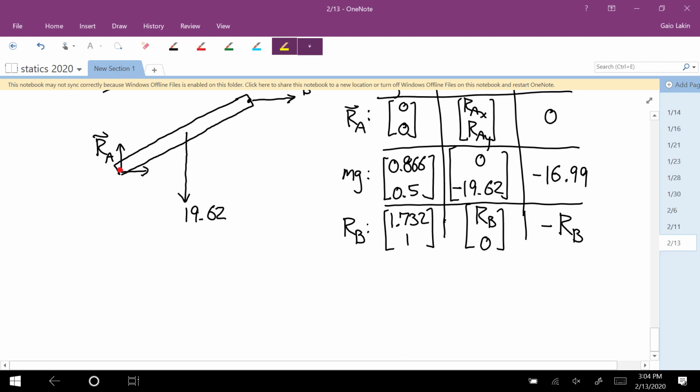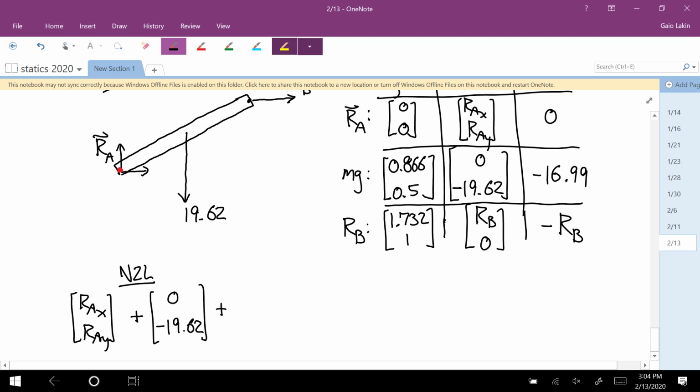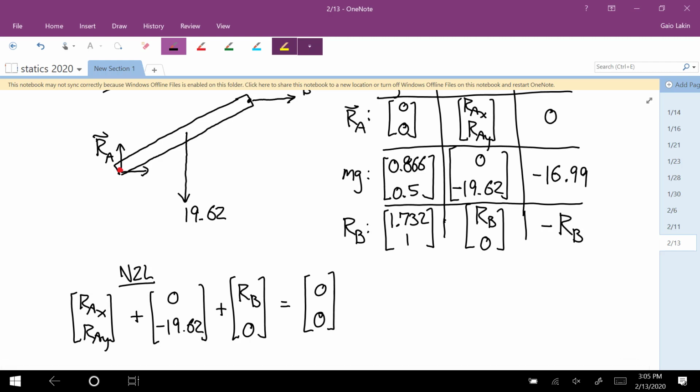So now Newton's second law says RAX, RAY, plus 0, negative 19.62, plus RB, 0, is equal to zeros. You could calculate RAY; we can see it is positive 19.62.